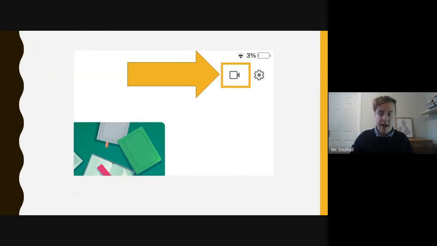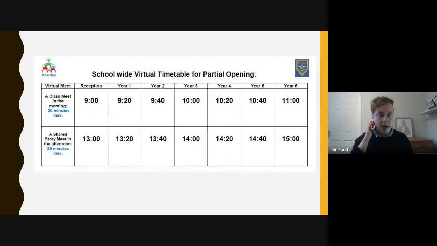And then instead of a Meet link, the Meet icon will appear in the top right corner, just like this picture here, and you just tap that and the Google Classroom app synchronizes with the Google Meet app and jumps them into the virtual session. Now here's the timetable that we can see, and remember, just a couple of minutes before the start time those links and icons will appear.